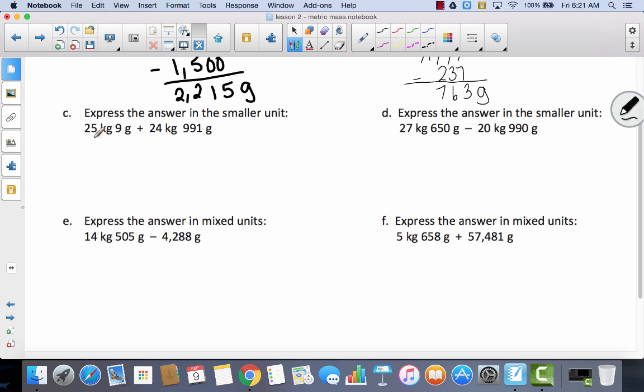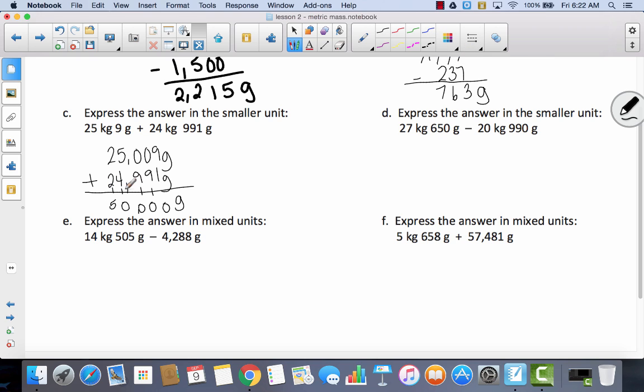So this 25 kilograms, 9 grams would be 25,009 grams. 24 kilograms, 991 grams, would be 24,991 grams. I want you to go ahead and find the sum, and then let's come back and check together.